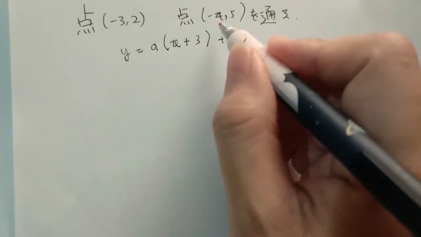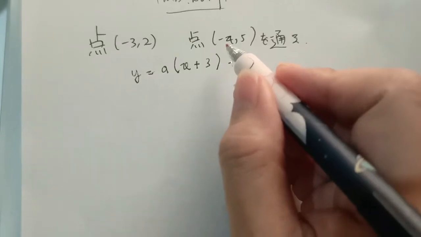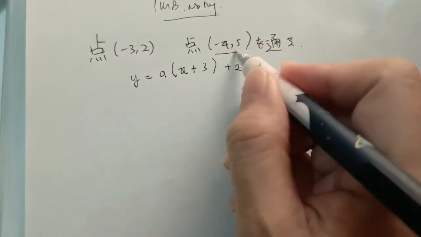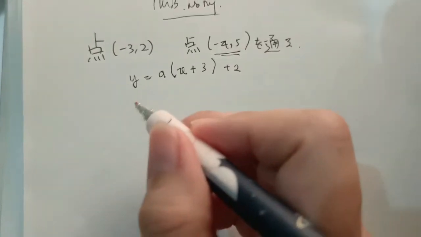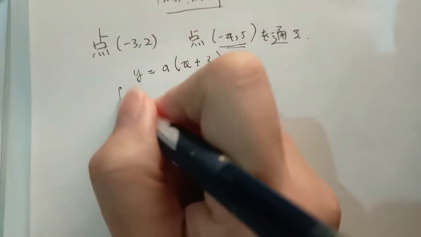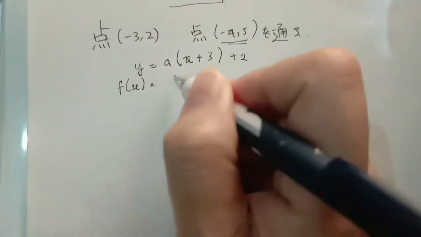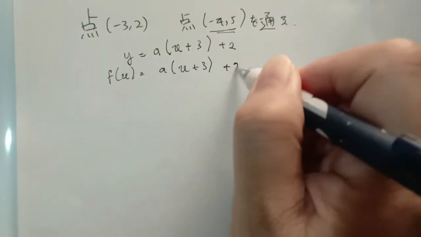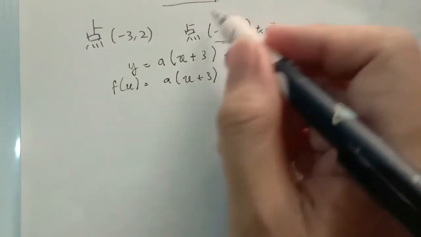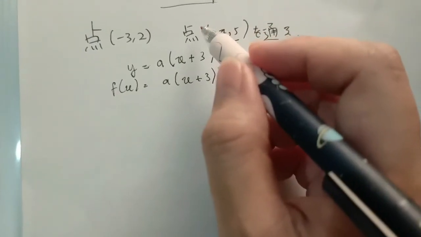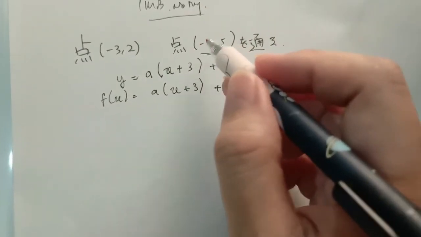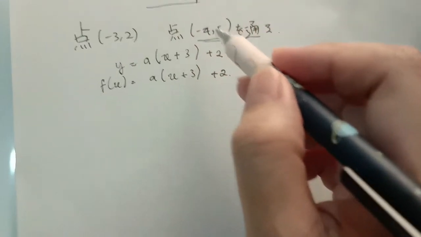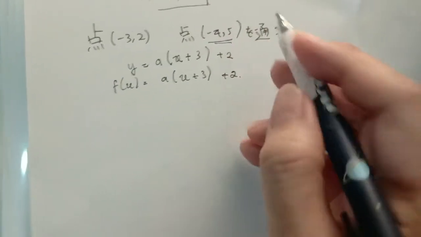If we are using for example this dot, this is like this, right? f(x) equal a in the bracket x plus 3 squared plus 2, because the parabola, the quadratic function, is going through this coordinate.